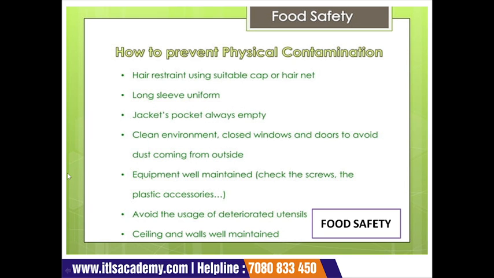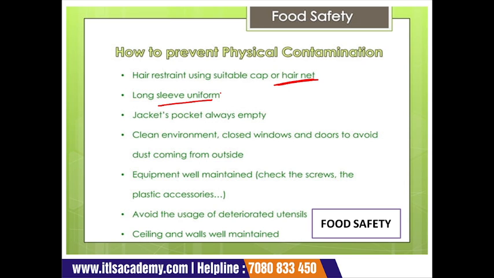Now, how do we prevent this physical contamination? If the contamination occurs, then its prevention is also performed by our side. The first is that we have to wear a hair net, and we have to wear a long-sleeved uniform.